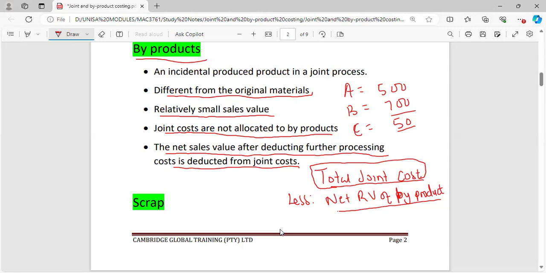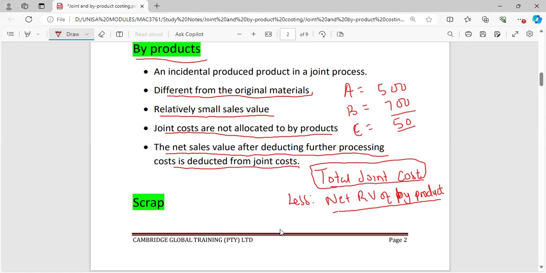Some of them will have more sales value if they are further processed. So that's why sometimes we have to further process the products after the split off point. So what we call the net realizable value is after we have deducted further processing cost.